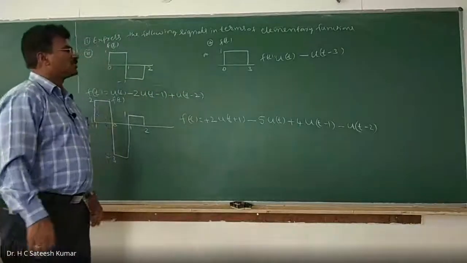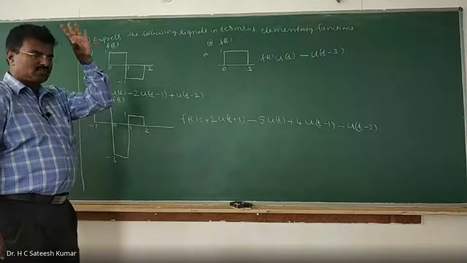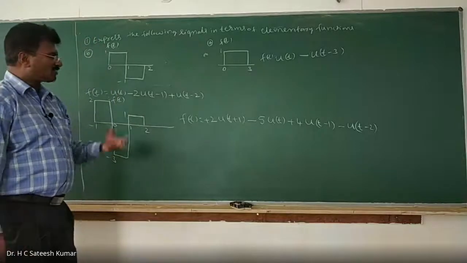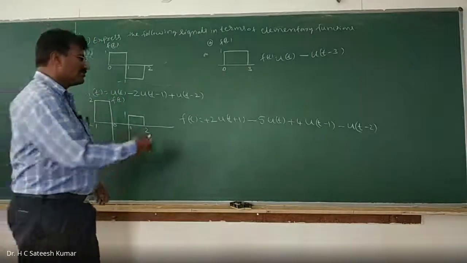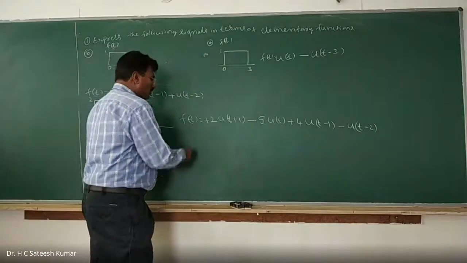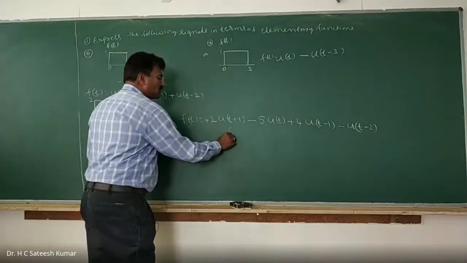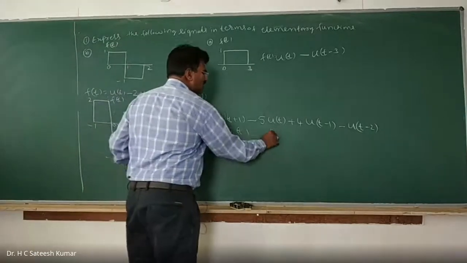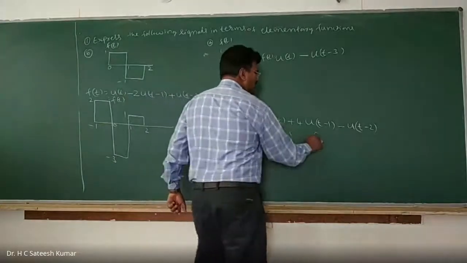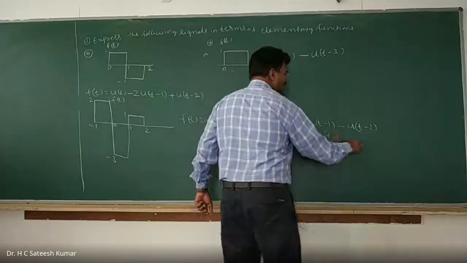So, textbook will say that, see, in the examination, if they ask for 5 marks, what you should do? If you write directly, they may not give the marks. Therefore, you call this one as f1 of t, this as f2 of t, this as f3 of t, and this one as f4 of t.